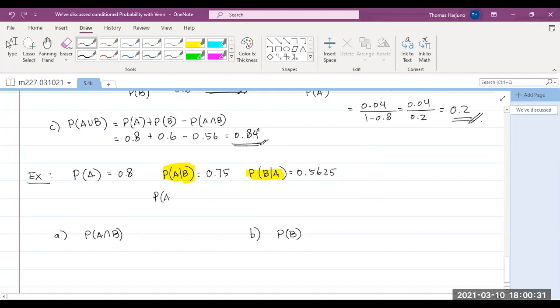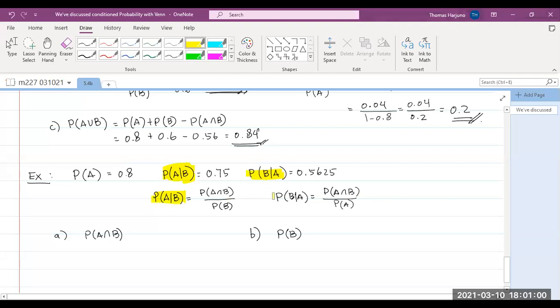Probability of A given B is probability of the intersection over probability of B. While this one here, probability of B given A is probability of the intersection over probability of A. Now the thing is, both conditions are already given.